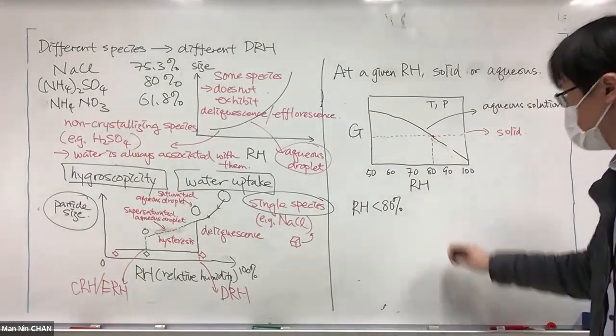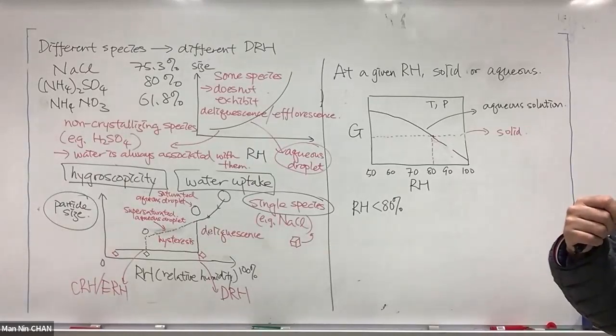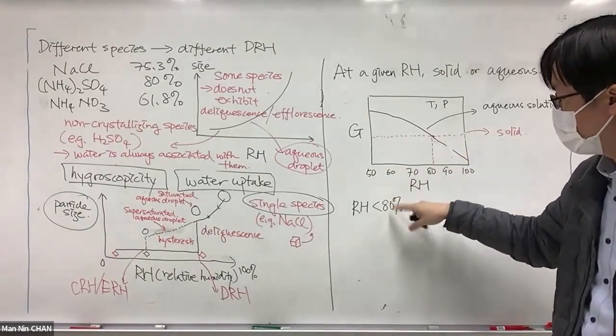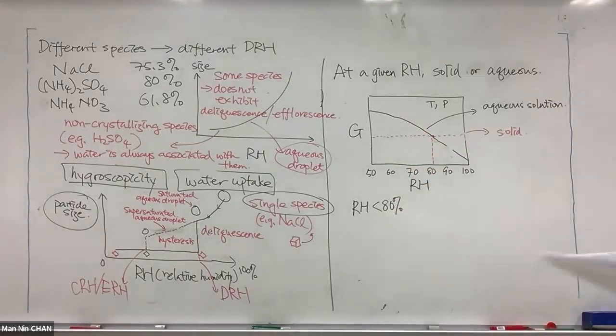Therefore, we notice that for the system, we always want to have a minimum Gibbs free energy. So you can argue that below this 80%, the solid is the preferable state. That means your species will be in the solid state.